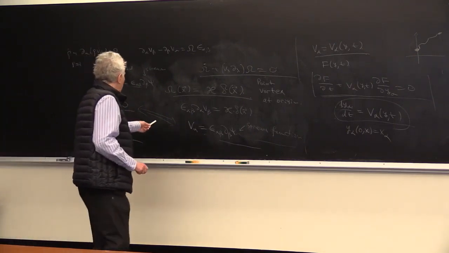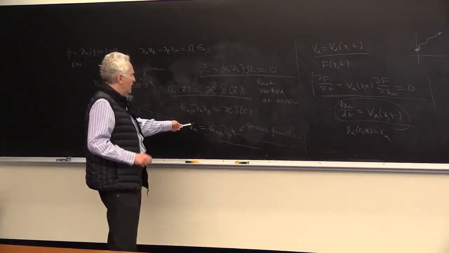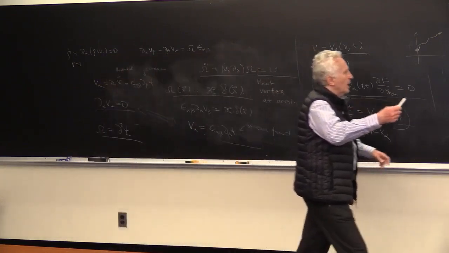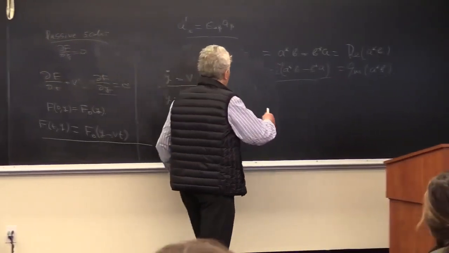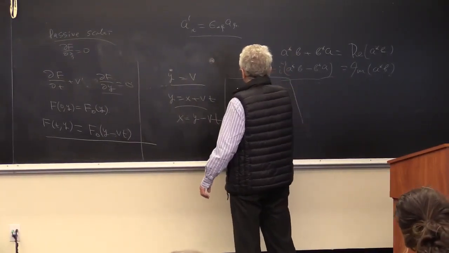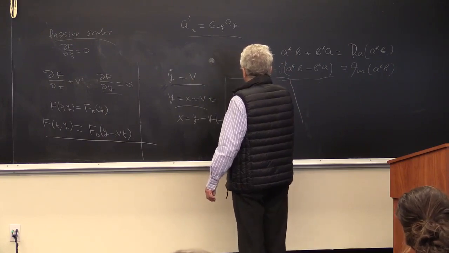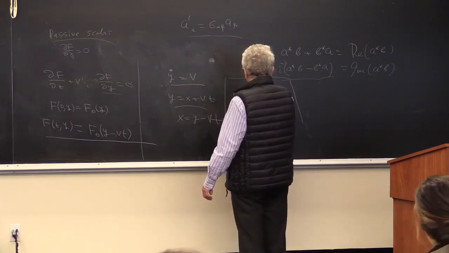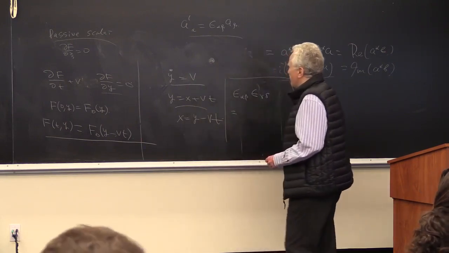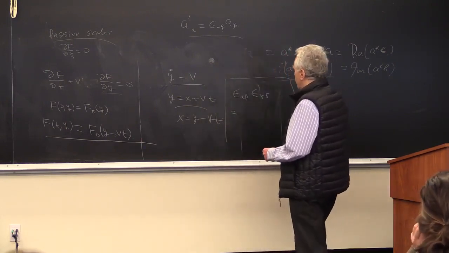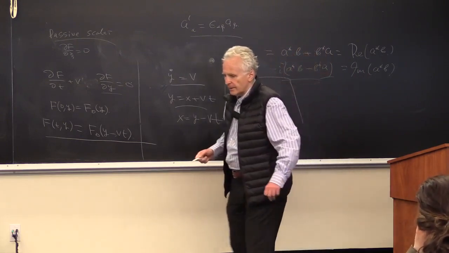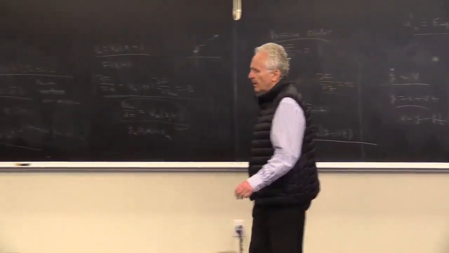When you differentiate, there is a useful algebra, useful tricks with epsilon tensors. If you have epsilon alpha beta, epsilon gamma delta, you can always write it in terms of Kronecker symbols.